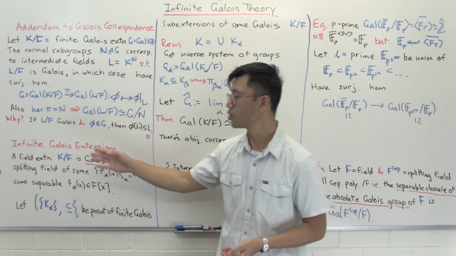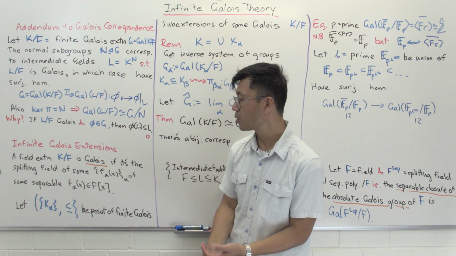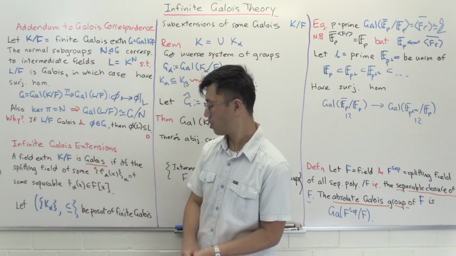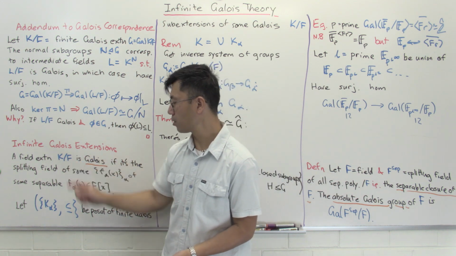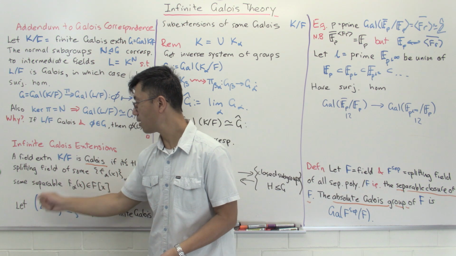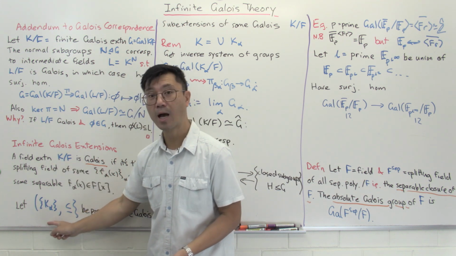What we're going to do here to study this is use finite Galois theory. We're going to look at all the subfields of K containing F, all the intermediate fields K_alpha which are Galois sub-extensions.